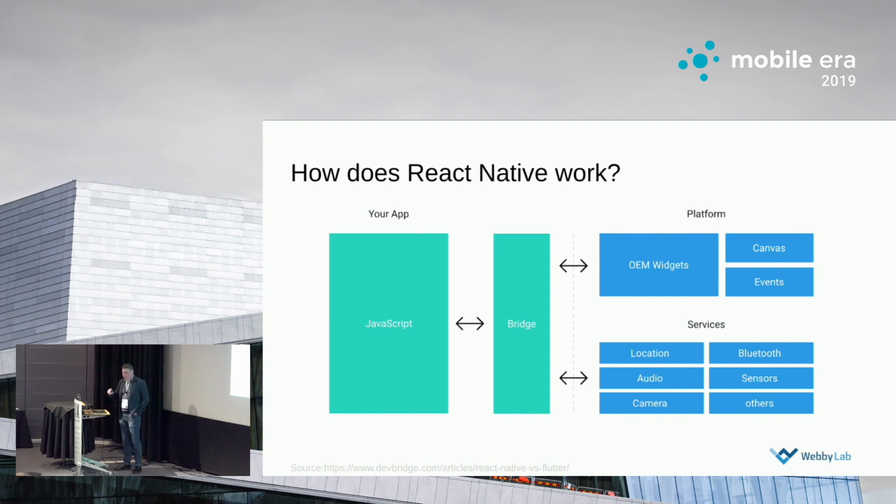In React Native, you have 2 or 3 threads and a bridge which connects these parts. We have the JavaScript part with our business logic and React.js, and the native part looks like real native components. We send commands via the bridge. So that's the idea of React Native.